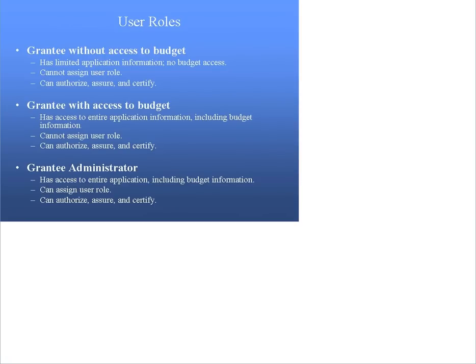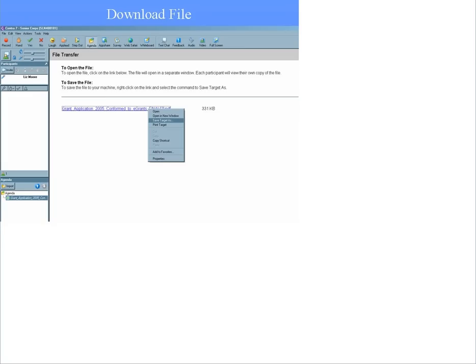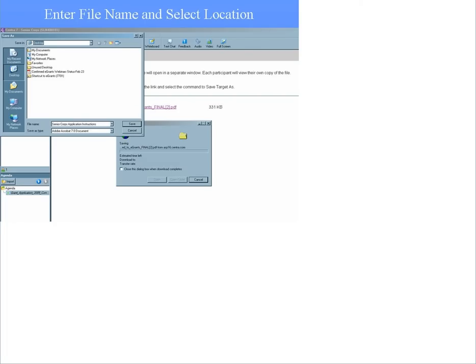At this point, you can download a copy of the application instructions as well as a copy of this presentation in PDF format. Just follow these simple steps to save it onto your computer. When you see the links, right-click and select Save Target As. Type in the name of the file and select the location on your computer in which you would like to save it. The first link you will see is for the Senior Corps Application Instructions.